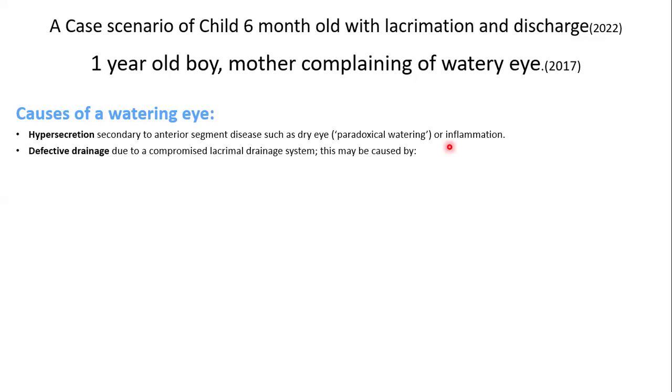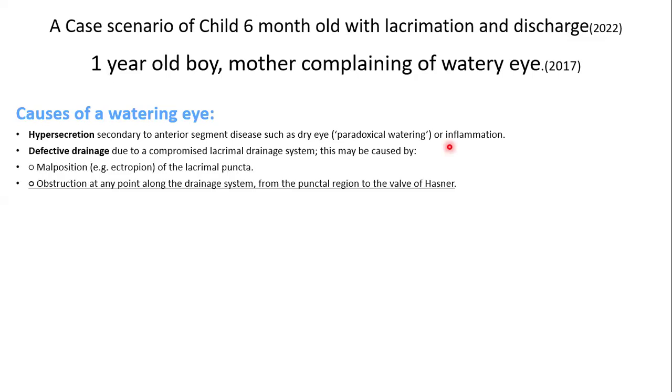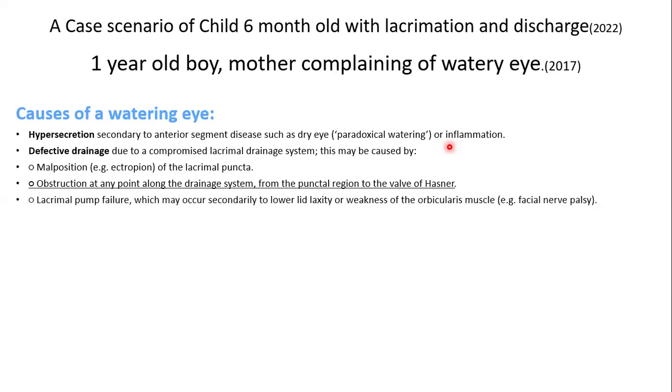The other cause, defective drainage, is due to a compromised lacrimal drainage system. This might be malposition or obstruction, and at such an age, obstruction at any point along the drainage system. Lacrimal pump failure is also seen in elderly patients with facial nerve palsy.